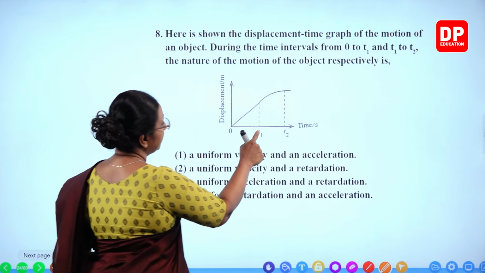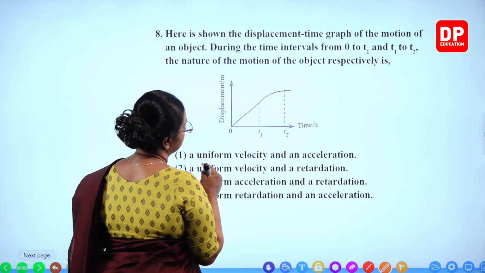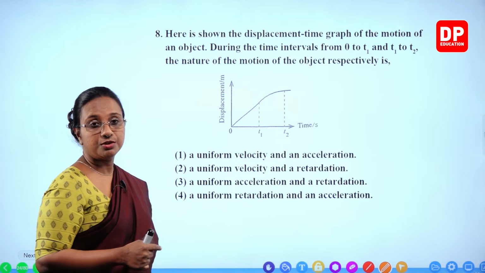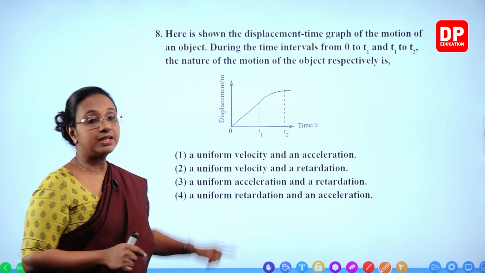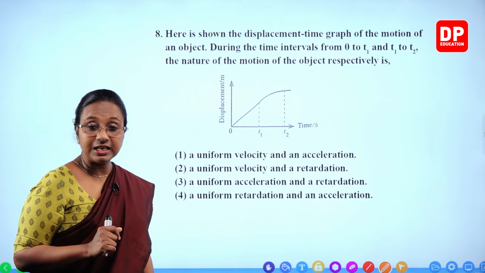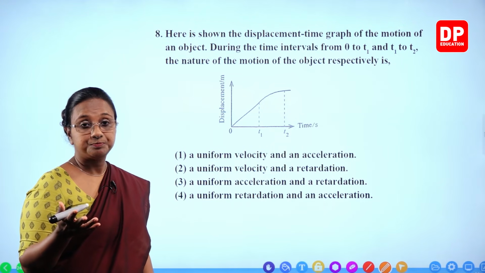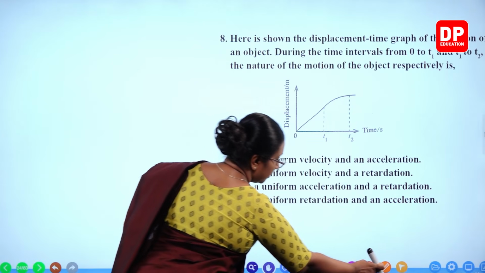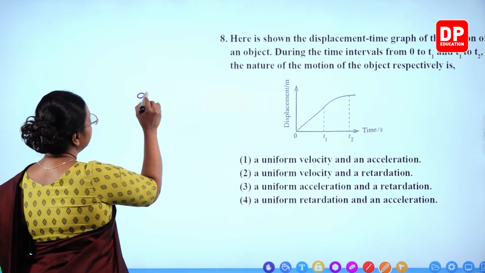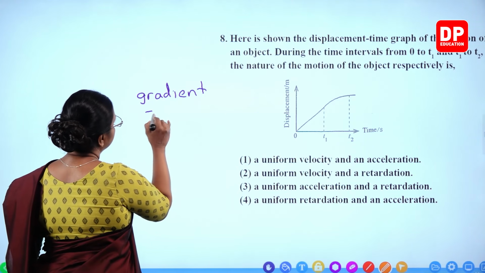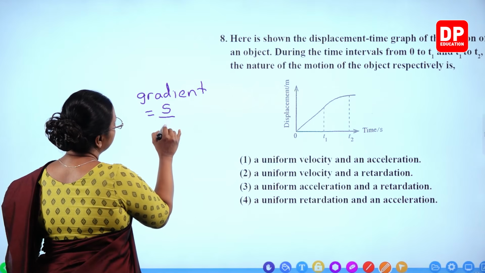So 0 to t1, can you see here students? It's a straight line going through the 0, 0 point. So this is a displacement time graph. Now in a displacement time graph, if you take the gradient, what do you get? Gradient is displacement over time.